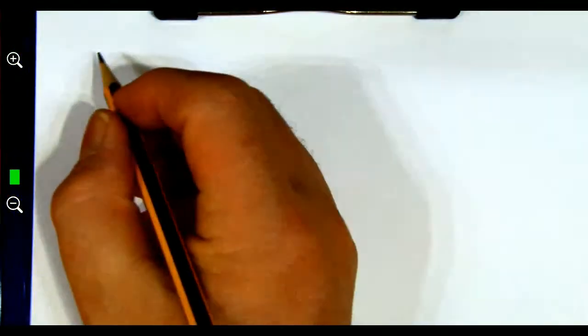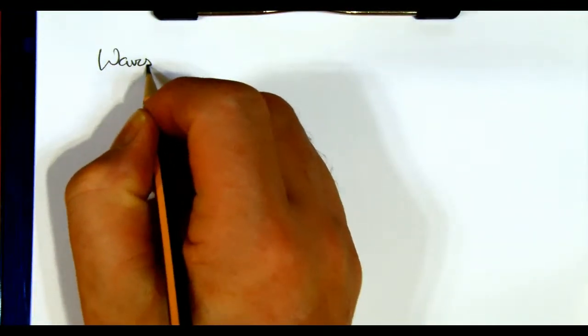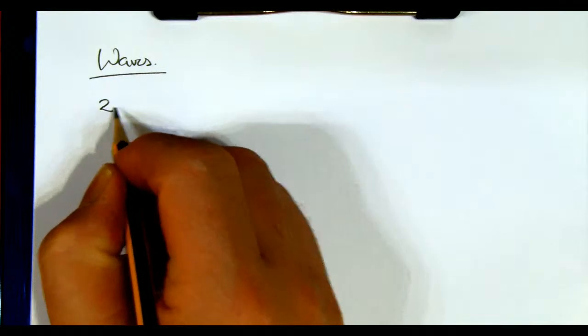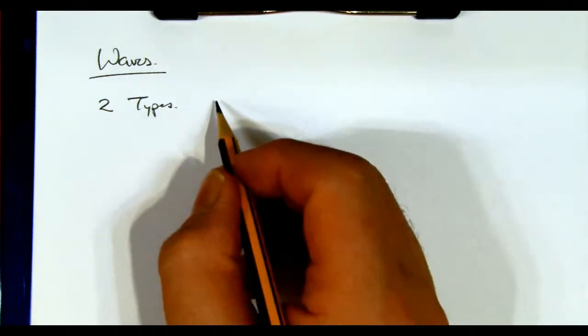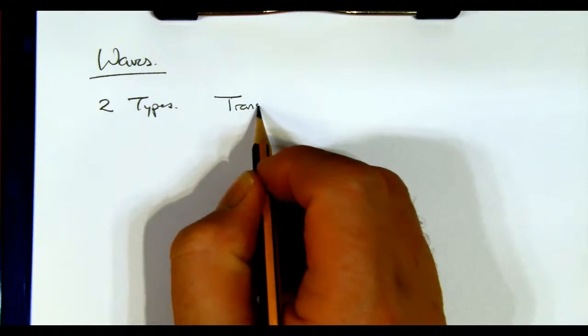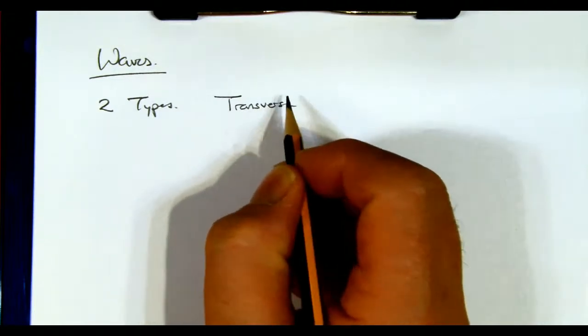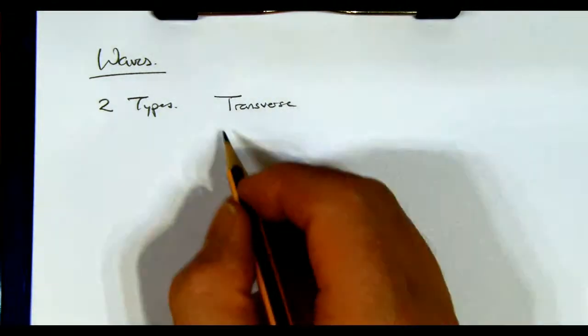So let's look at what we've seen so far. What we can work out so far is for waves we've got two types: transverse, and longitudinal.